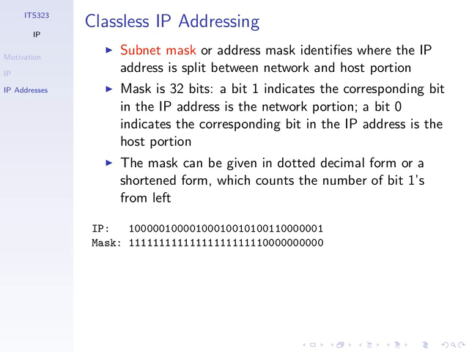If we have 20 bits for the network portion, we have 12 bits remaining for the host portion, meaning we have a maximum of 2 to the power of 12 possible hosts on that subnet C. What's 2 to the power of 12? About 4,000 possible devices can be attached to this subnet C.